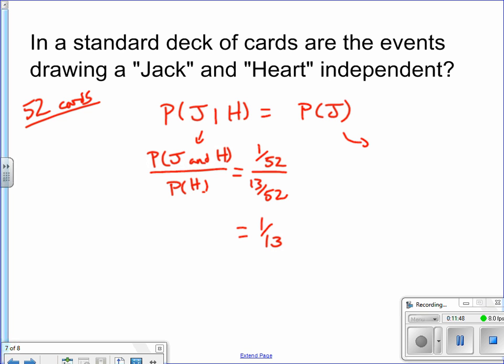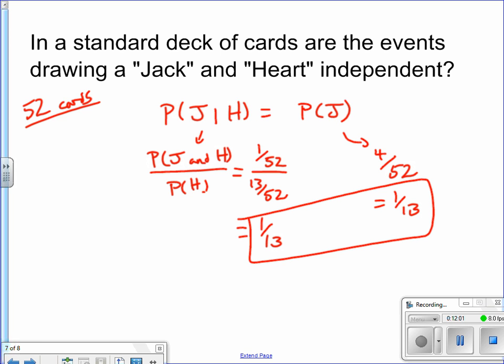And then the probability you get a Jack is 4 out of the 52, which simplifies to 1/13. Now all of a sudden we can see those two are in fact equal, which means we have two events that are independent.